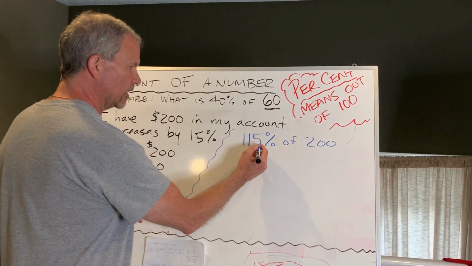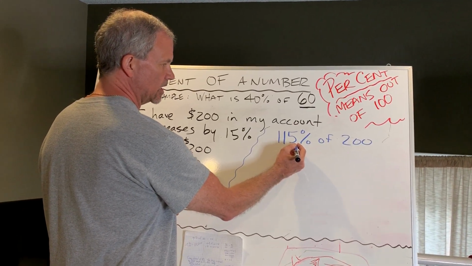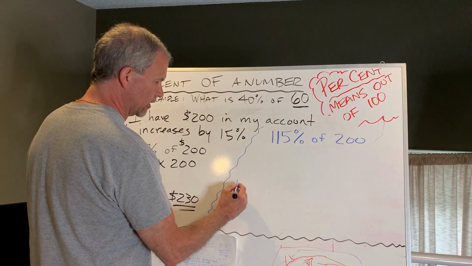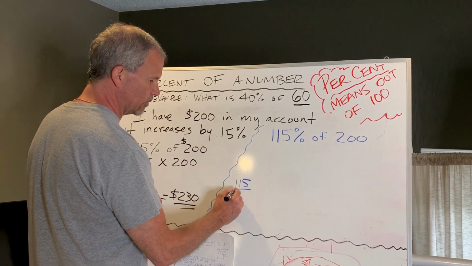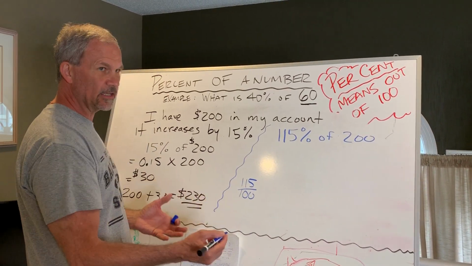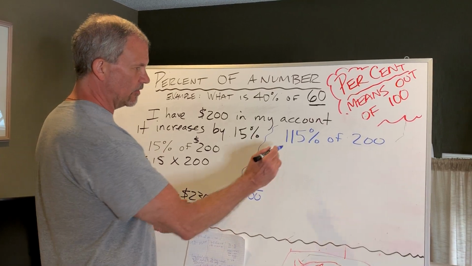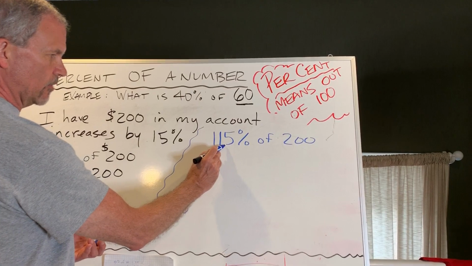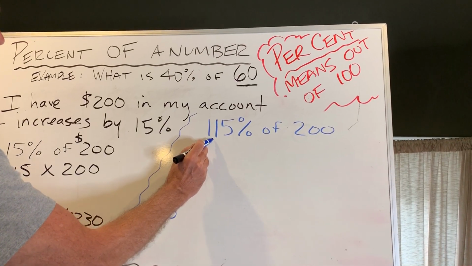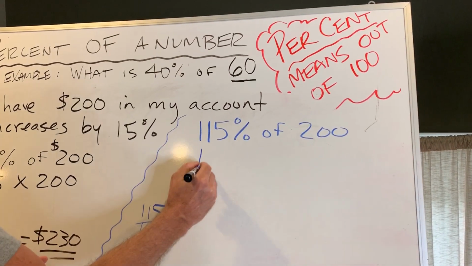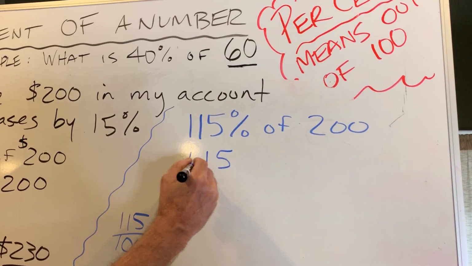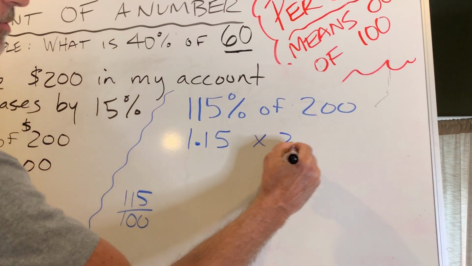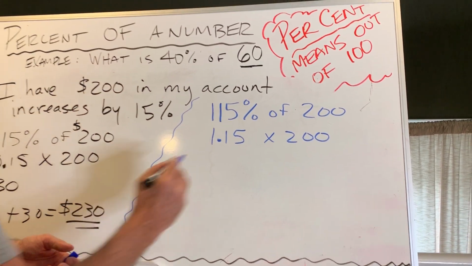But if I were converting 115% into a decimal, remember, it's 115 divided by 100. That's how you get to the decimal, right? And when you divide by 100, if you think about the imaginary decimal being here, divide by 10, divide by 100, it's going to be 1.15 as a decimal. So 1.15 times $200 is what we're doing.